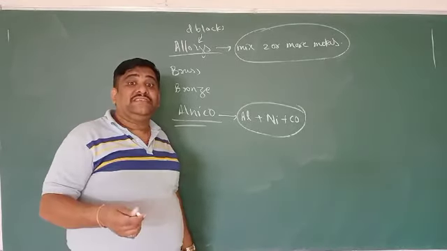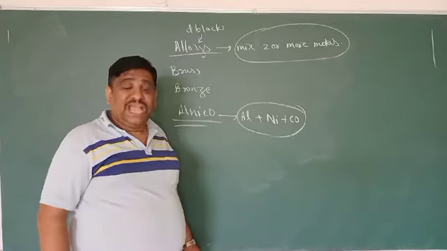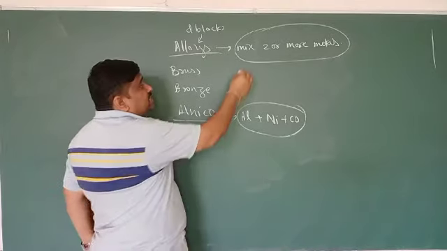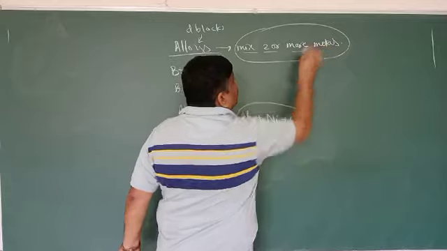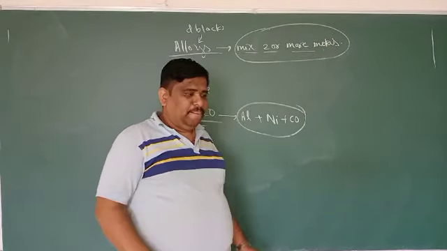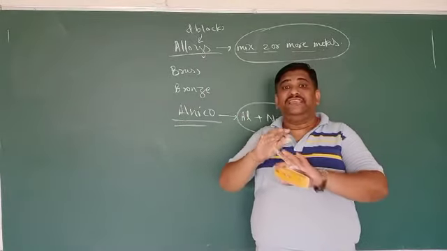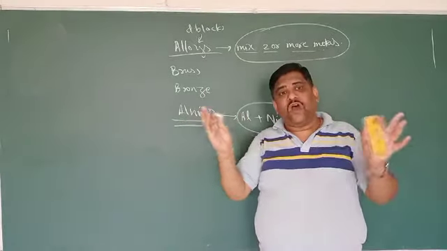Now the question arises, why do the D block elements give alloy formation? I told you, alloy formation means mixing of two or more metals. Mixing of two metals is not possible for all metals.